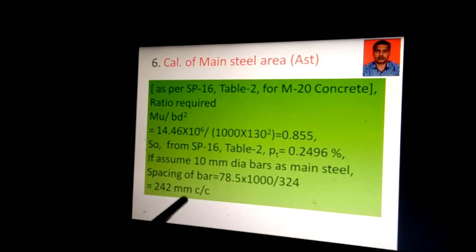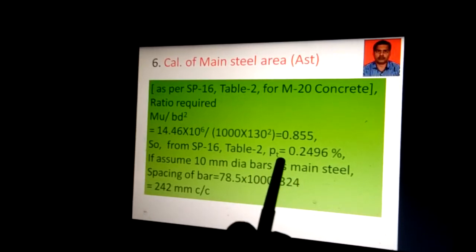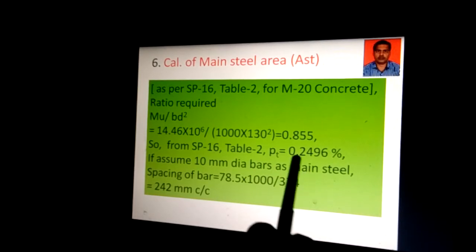It comes to 242 millimeters center to center. So directly we have written the area of the steel, Ast, that is pt by 100 into b into d, and this comes to 324 millimeter square.